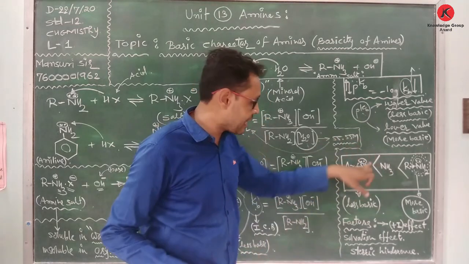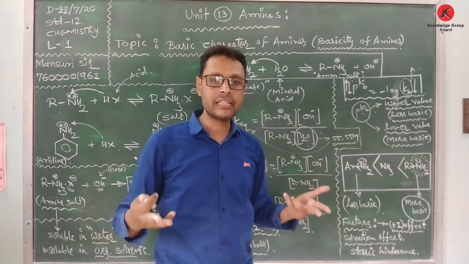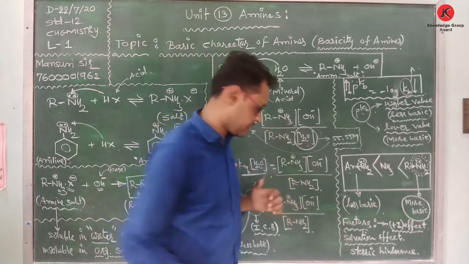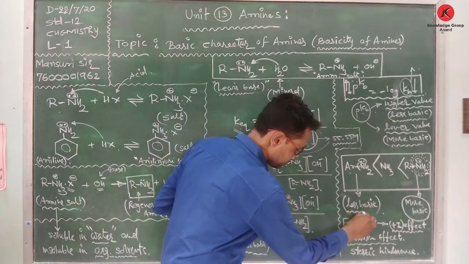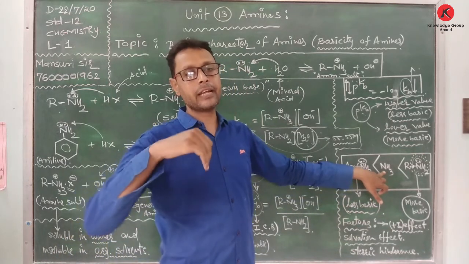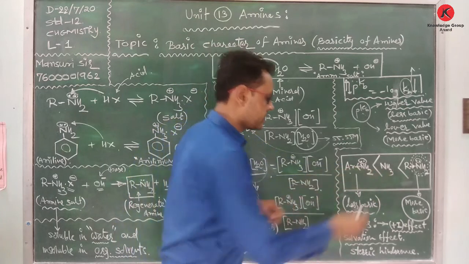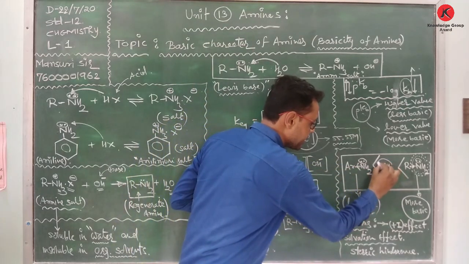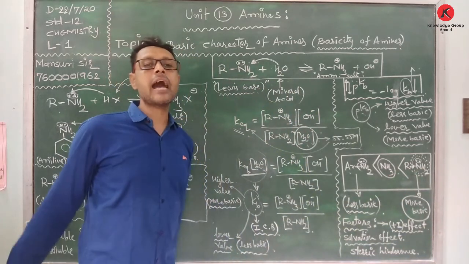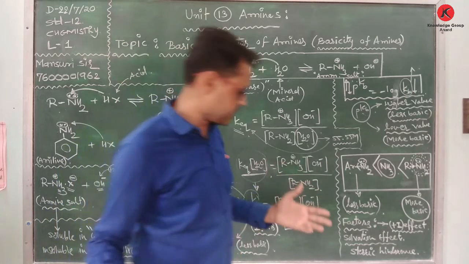That is why we can say that aryl amines are less basic. In ammonia there is no electron withdrawing or electron donating group, so ammonia is in between them. So we can say that alkyl amines are more basic and aryl amines are less basic.